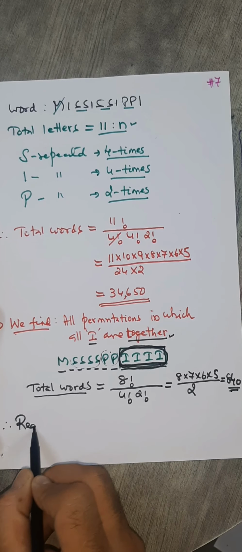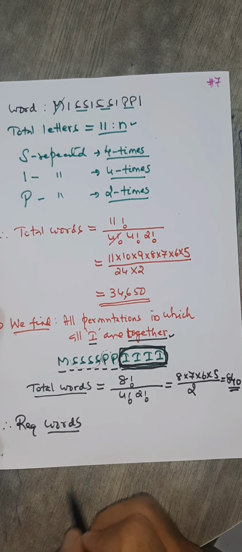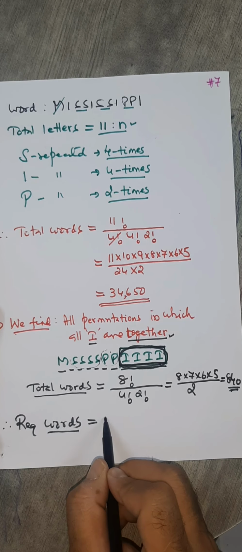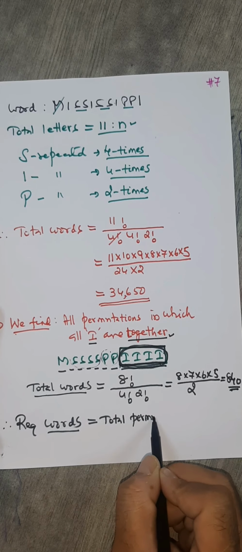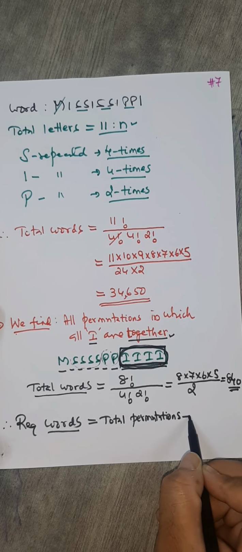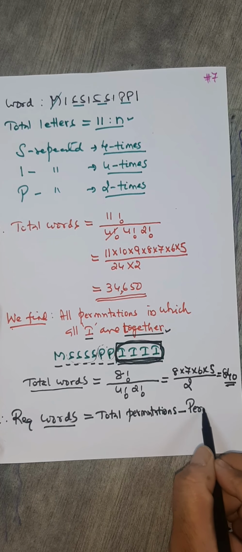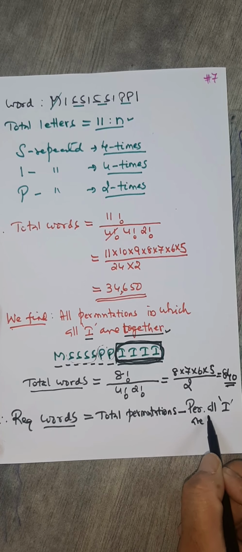So required words equals to, required words means what? Words in which I's do not occur together. So I'll write total permutations, which you know, minus permutations in which all I's are together.